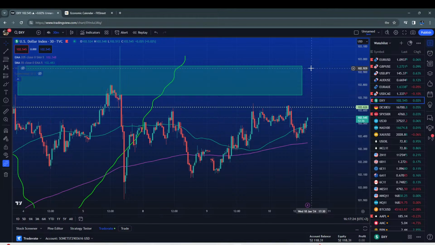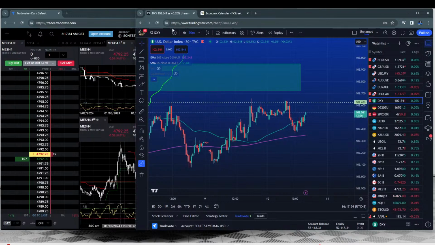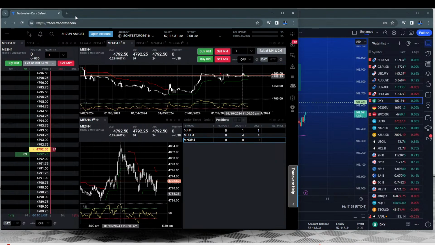Those of you that already are using TOPSTEP, let's connect it to TradingView, or of course you can use the Trade8 web application, or even download it on your desktop. I will be using both the web application here and TradingView.